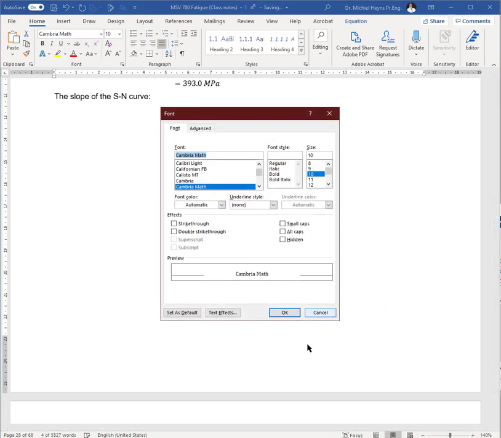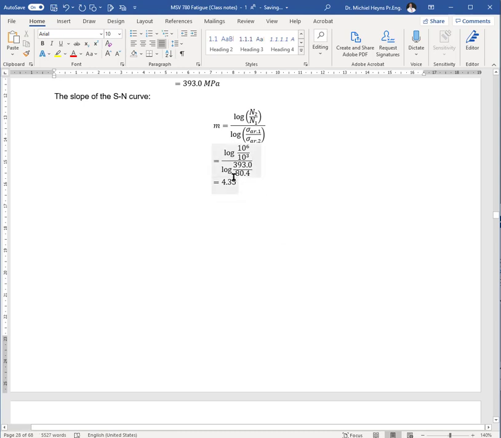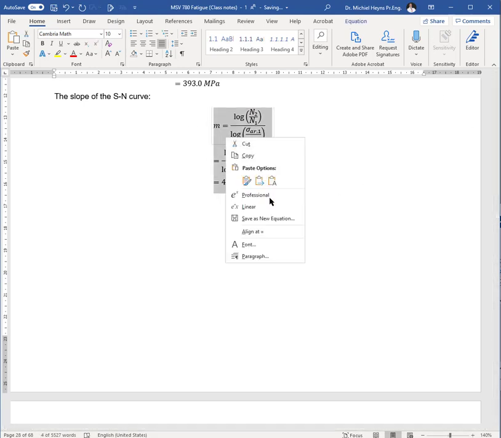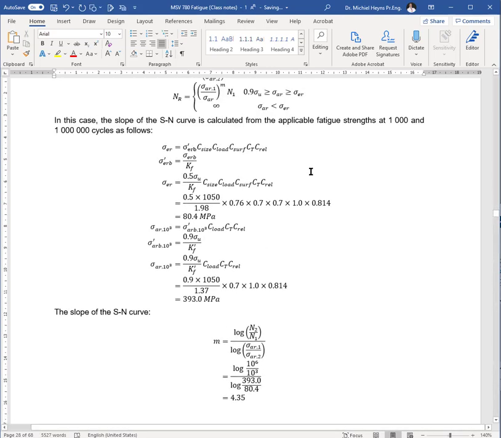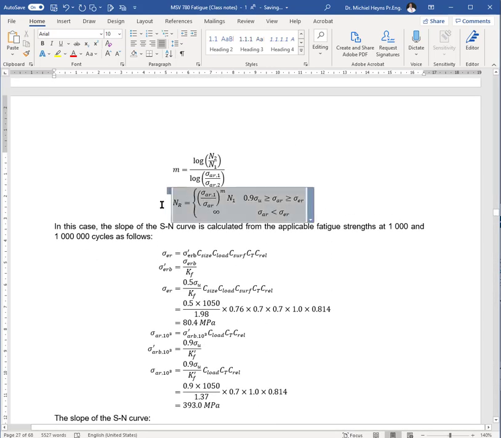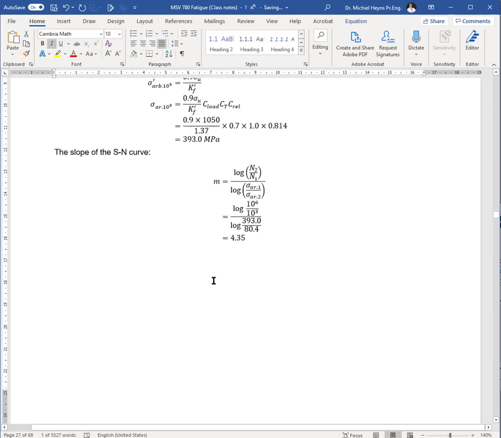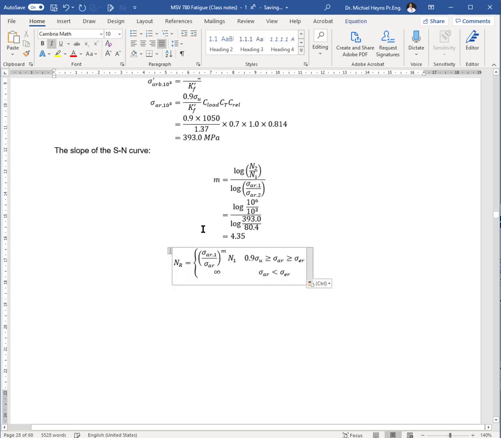So now that we have the slope of the SN curve and a point on the SN curve, our SN curve is given as follows. Now we can calculate the number of cycles at any stress. We can just use sigma AR1, and here we're going to use the endurance limit.